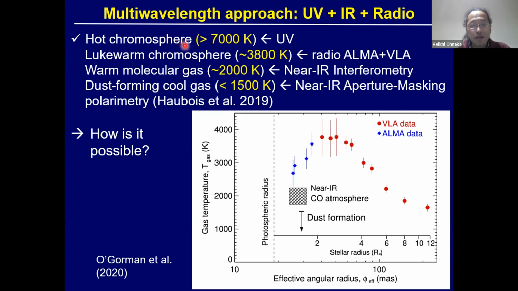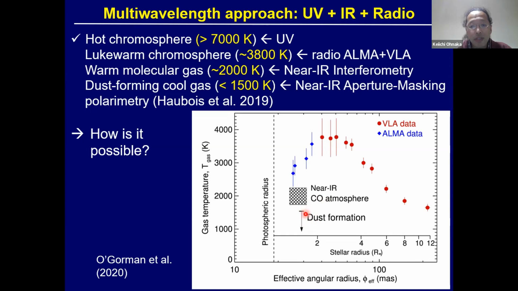So if we put all these things together in a figure, it looks like this. Here is the stellar radius and the gas temperature, and these blue and red symbols represent the lukewarm chromosphere seen with the VLA and ALMA. And this pink rectangle represents the temperature and the radius of the near-infrared CO atmosphere of this warm molecular gas.